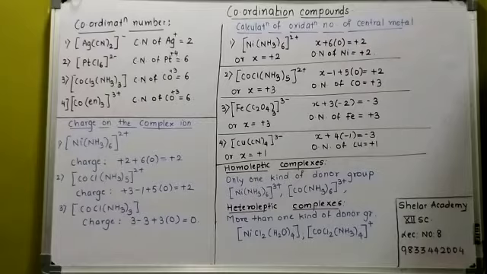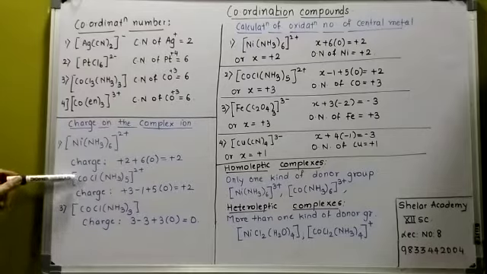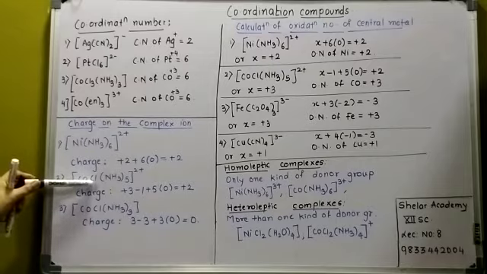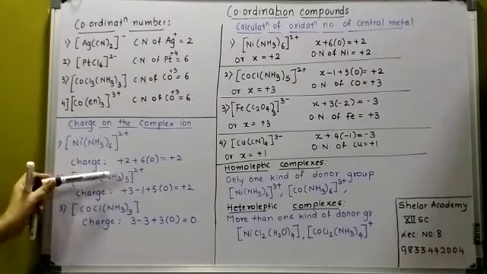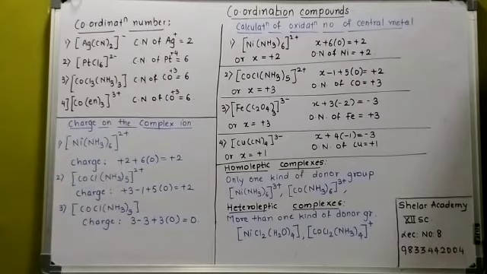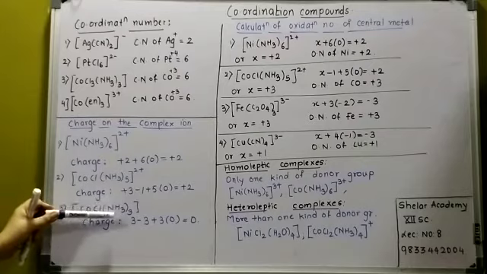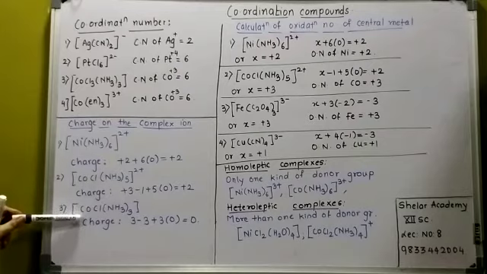Okay, now what is the net charge? What net charge comes on this? So in this example it is -3. Why is it -3? The cobalt charge is +3, and -1 times the chlorides; the neutral ligand gives 5 into 0. I think you have understood this. Now in this example, [CoCl3(NH3)3], again the ammonia is neutral, so 3 into 0. Now you should know that the oxidation state of cobalt is +3.